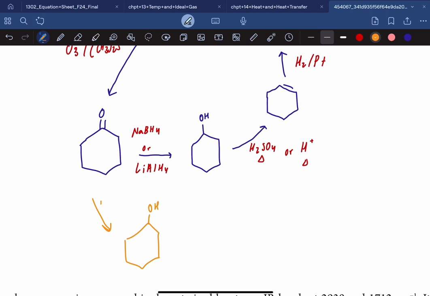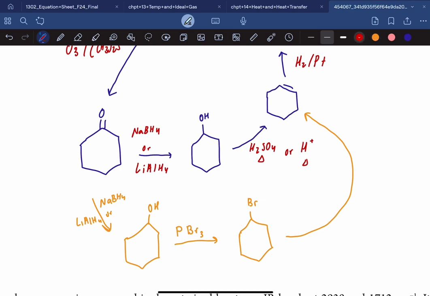Using NaBH4 or LiAlH4, that would still do that. And then you could make this into bromine. Does anybody know how to do that? Very good, PBr3. And then you can eliminate this into this using another reagent that we talked about a bunch.